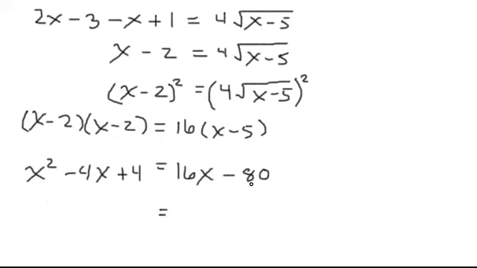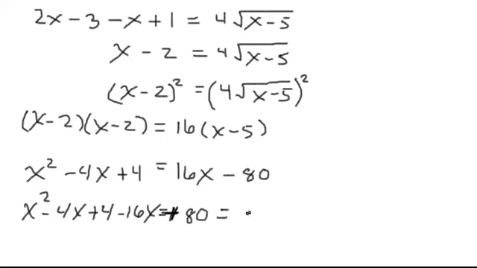And now taking this stuff over here to the left hand side, so we're going to have x squared minus 4x plus 4. Go ahead and write that, get that out of the way. Minus 16x, and then we got this equal sign in the way. Hopefully you can ignore that. Plus 80, and that's all equal to 0.